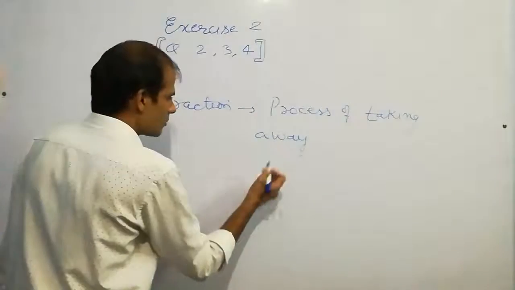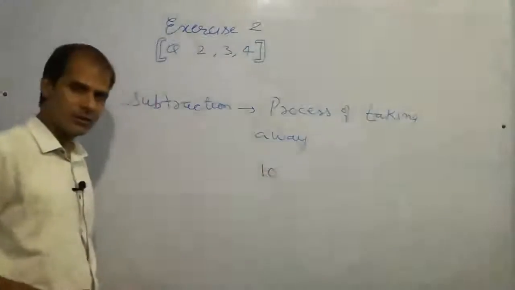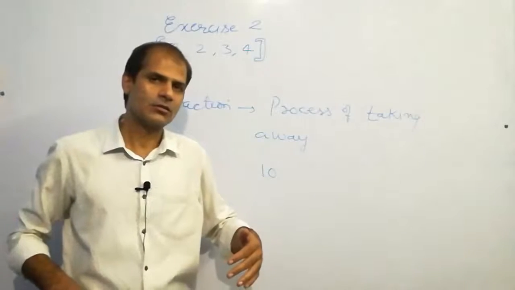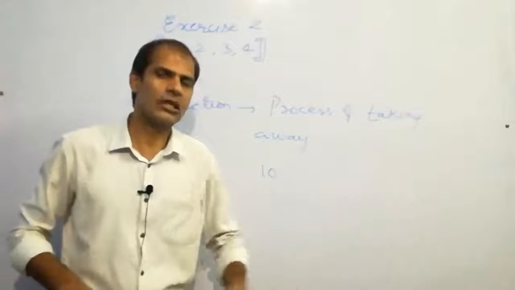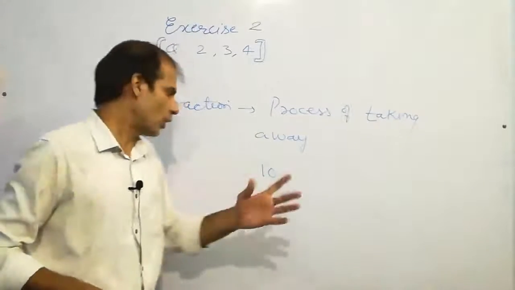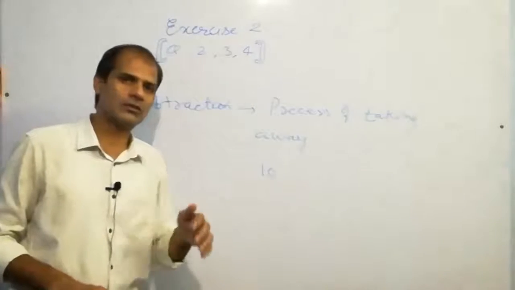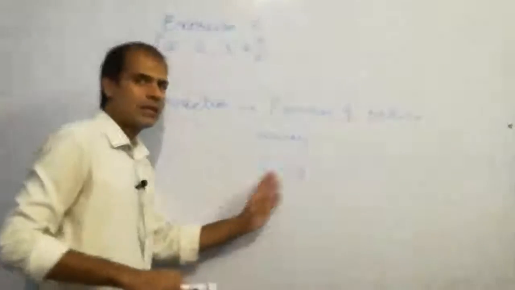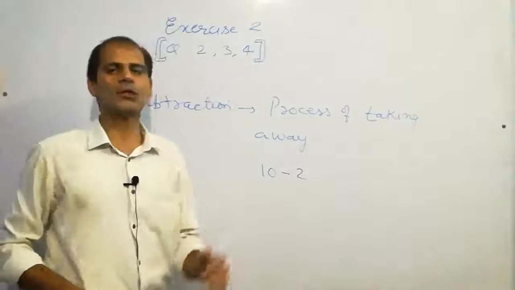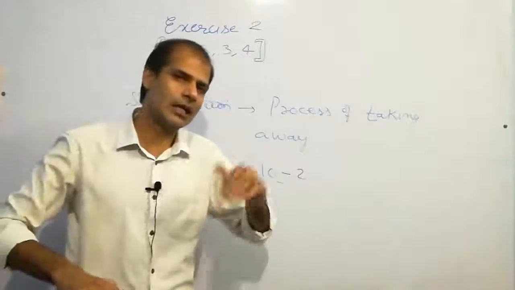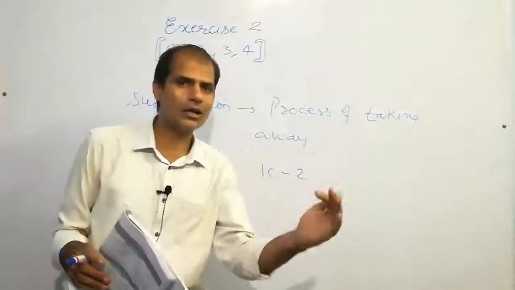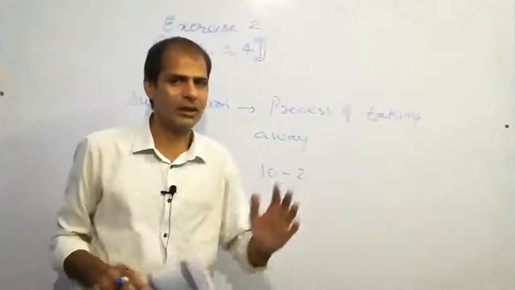Now, what is the meaning of this? Suppose you have 10 rupees and you give 2 rupees to your younger sister. Okay, you have 10 rupees and you give 2 rupees to your younger sister. Means 2 is taken away from 10. इसका मतलब 2 को हम 10 से हटा रहे हैं, ठीक है? जो टोटल 10 है उसमें से हम 2 को अलग करके 2 को सेपरेट कर रहे हैं.